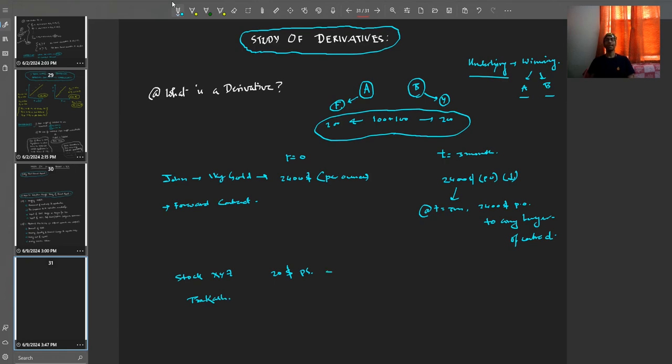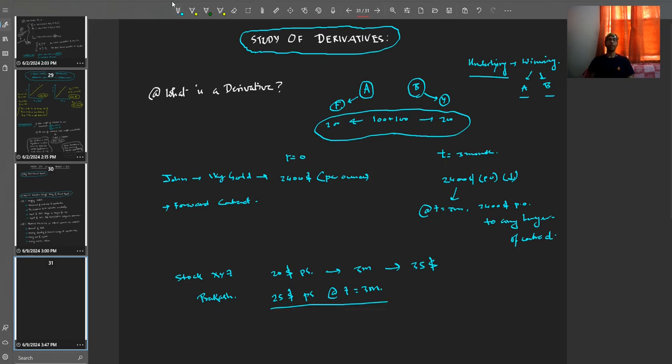Prakash thinks that in 3 months, the price of this stock will be $35. Now, based on this speculation, Prakash strikes a contract. He says, right now I am willing to sell a contract where I commit that I'll be buying the stock at $25 per share when 3 months are over. That is at T is equal to 3 months. And this contract I am willing to strike right now.